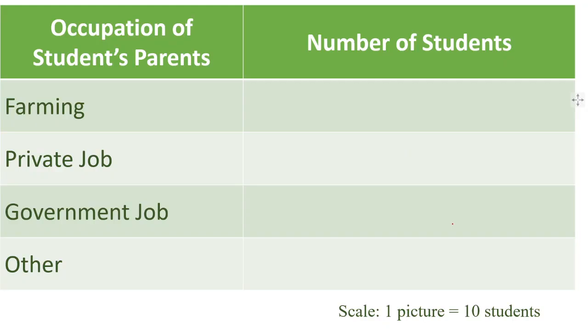So let me do it in the table. What picture should I use? That also depends upon my convenience. If it is on the board, I will simply draw a student like this. One picture shows 10 students. But as it is digital, I can use something like a smiley. This one smiley equals 10 students.